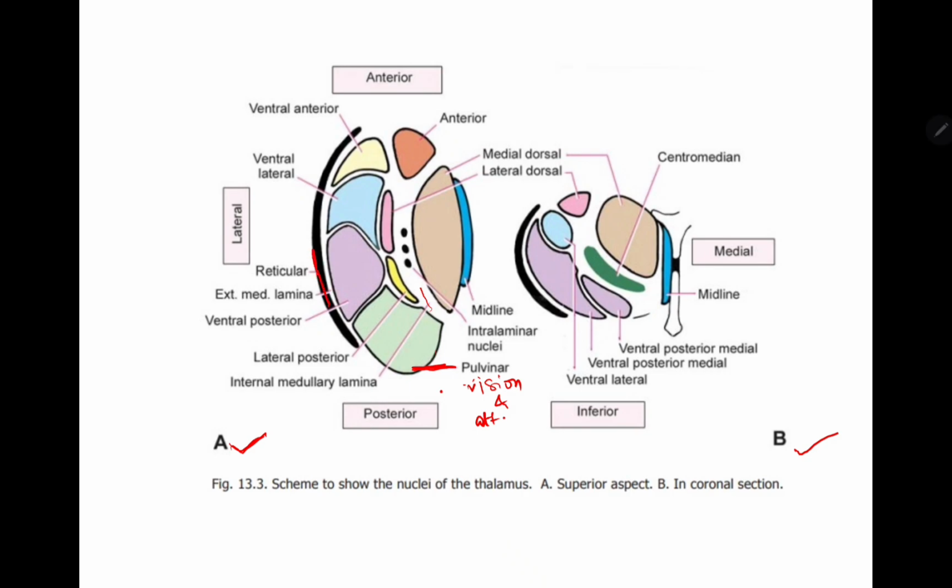This thin shell outside acts like a gate that filters what goes through and what has to be stopped outside. Now did you understand anterior, lateral, medial, ventral anterior, all of these? Then pulvinar, internal medullary lamina and reticular.